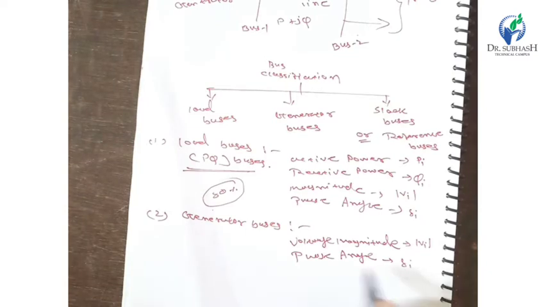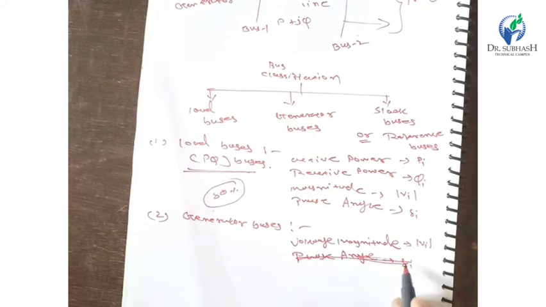Active power, sorry, the phase angle is not specified here, it is the active power. Active power is represented in P suffix I form. The reactive power and phase angle of the voltage are obtained through the load flow solution.